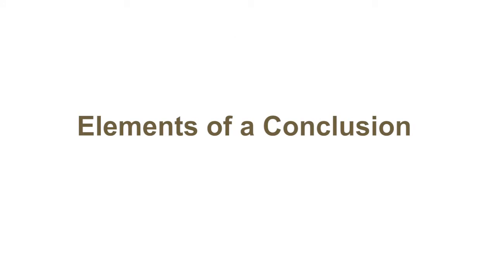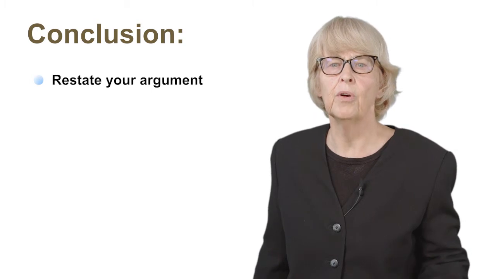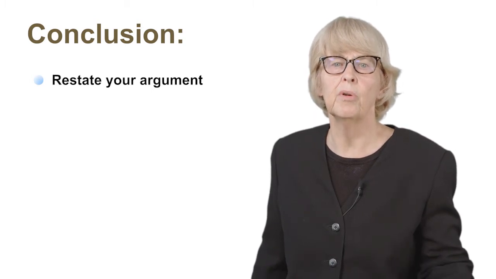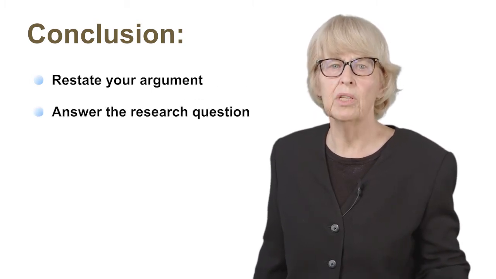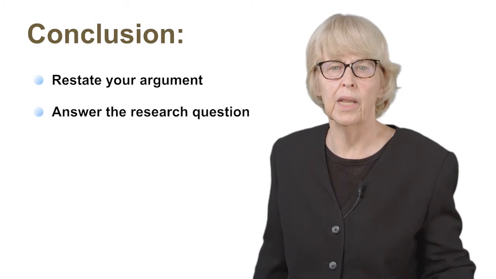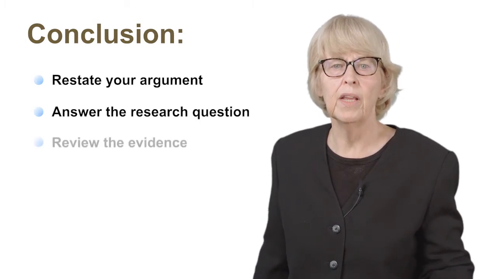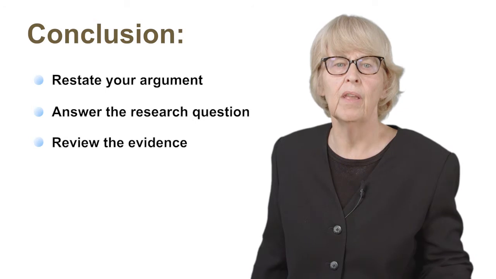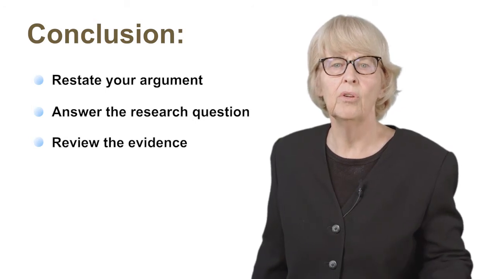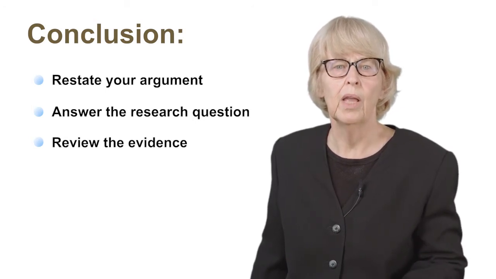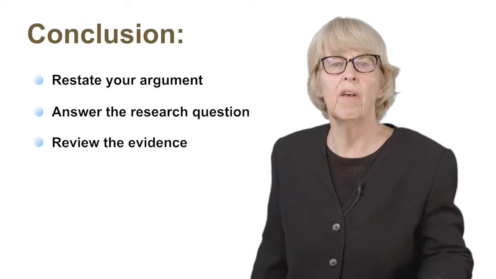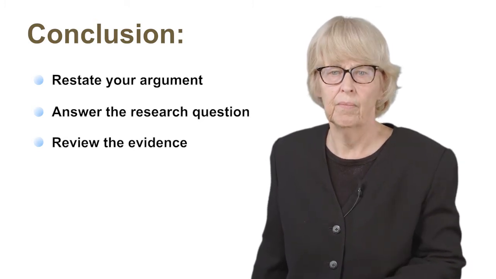In your conclusion, as we've said before, restate your argument in the first sentence in light of the evidence presented, or answer the research question that you posed at the beginning. Then briefly review the significance of the evidence, minding the conclusions of each section of the paper and showing how those pieces of evidence relate to each other.